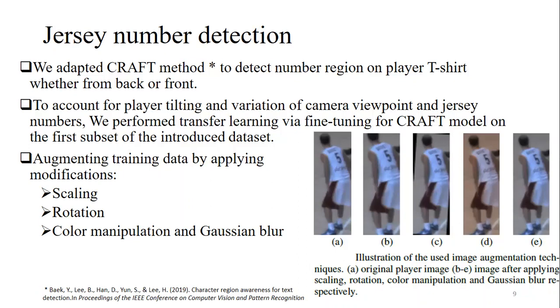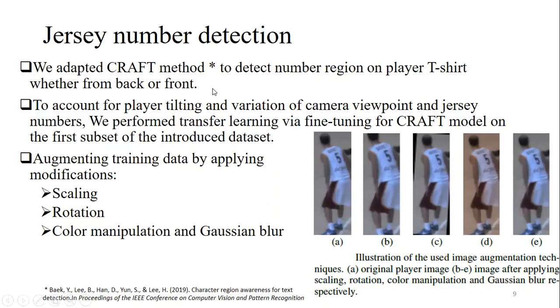Motivated by the character region awareness for text detection method's state-of-the-art performance and generalization ability, we adapted it to detect number regions on the player's t-shirt, whether from the back or front.